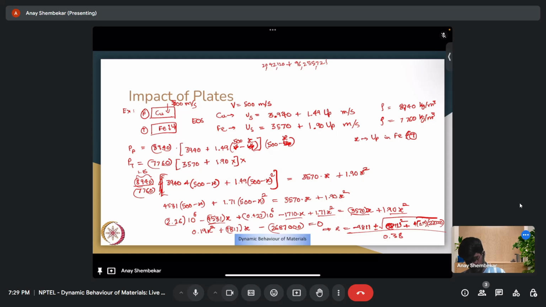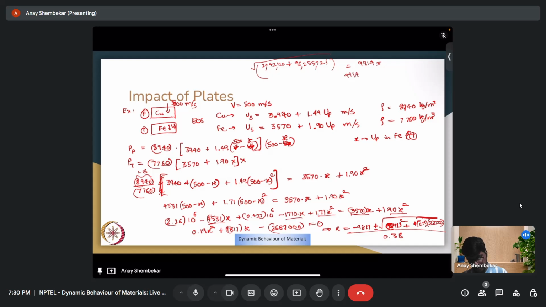Square root of 965721 plus 2042120. Square root of this is 9914. So you have 9914 minus 9811, which is 103.